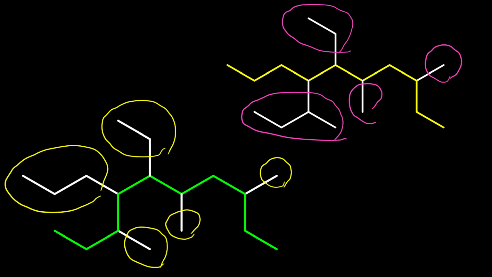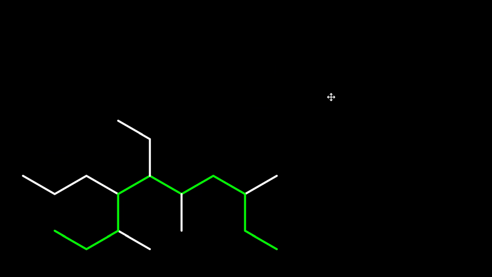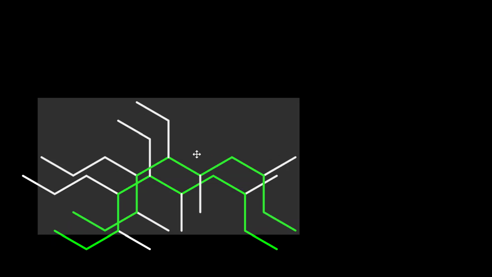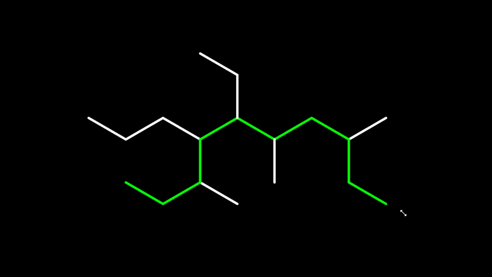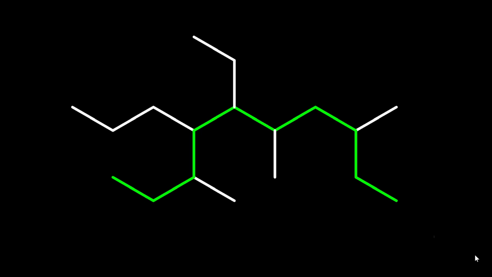We always choose the chain with the larger number of substituents because it makes it easier for naming of the molecule. So we don't consider the yellow chain for naming of this compound, and we use the green chain. And here is the second issue we have.